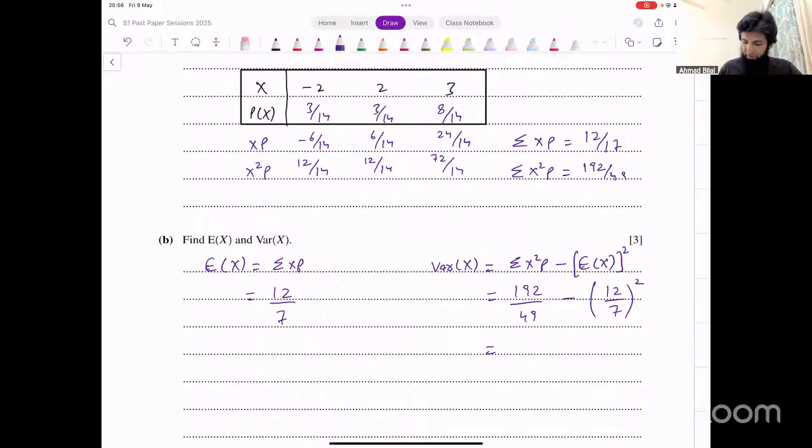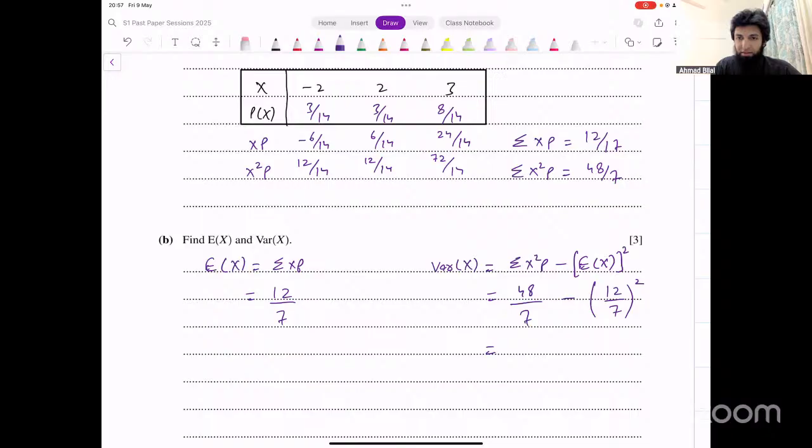48 over 7. Okay, I'm sorry. So you basically told me that this is 48 over 7. And then the variance is 192 over 49.